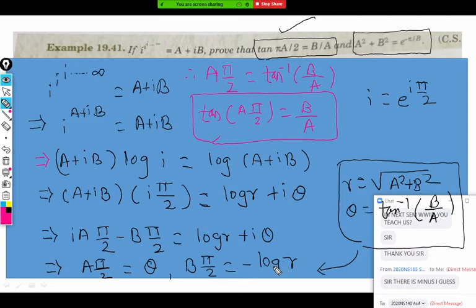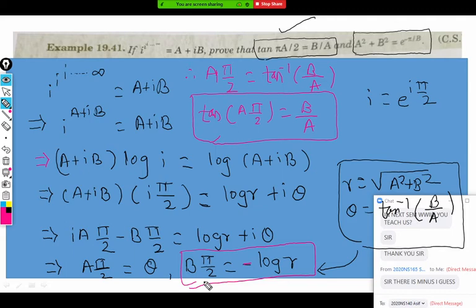So this is log of root of a square plus b square, and then taking anti-log on both sides, from this you get the second result. Replace the value of r as root of a square plus b square, then take anti-log. The first minus sign you should take on this side only, minus pi b. If you are able to do it, complete it. If you have a problem, tell me, I will finish it. Do the second part on your own.